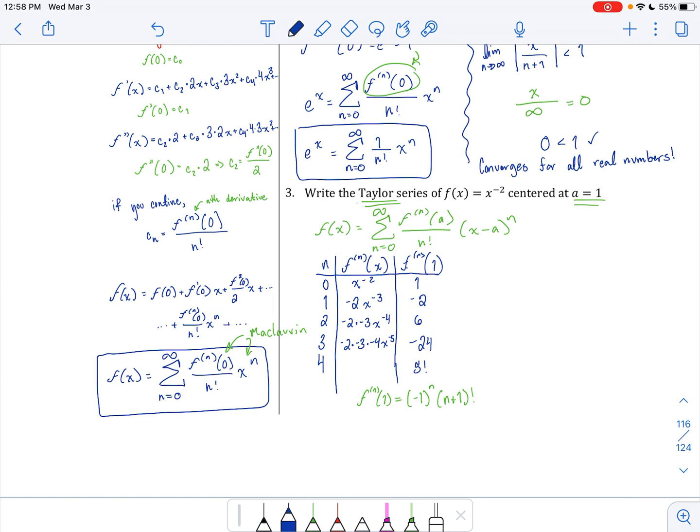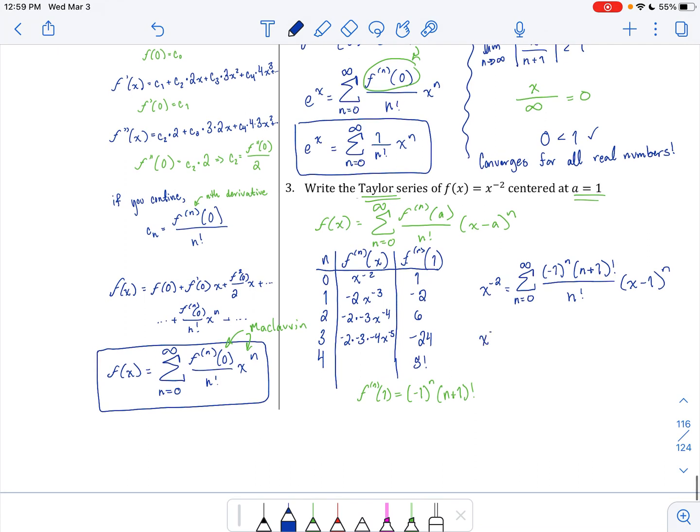So when I plug this in, we can say x to the negative 2 is equal to the series from n equals 0 to infinity of the nth derivative at a. So negative 1 to the n times n plus 1 factorial, all over n factorial from the denominator here, times x minus 1 to the n.